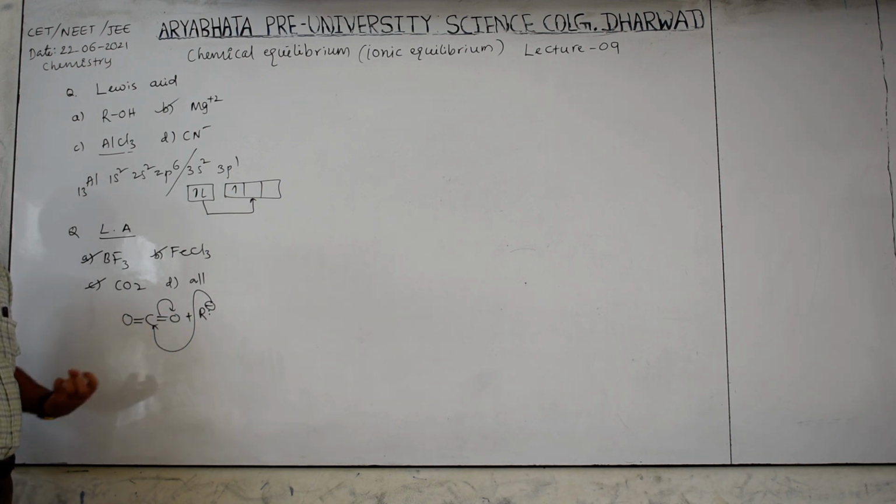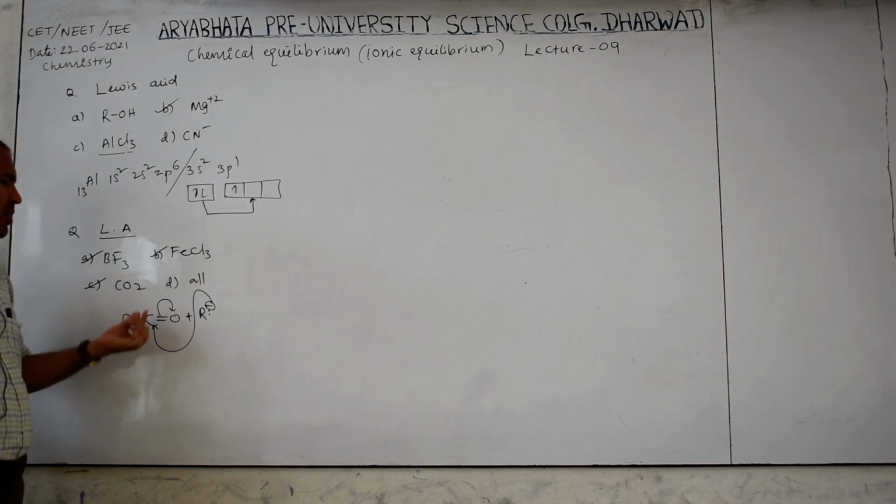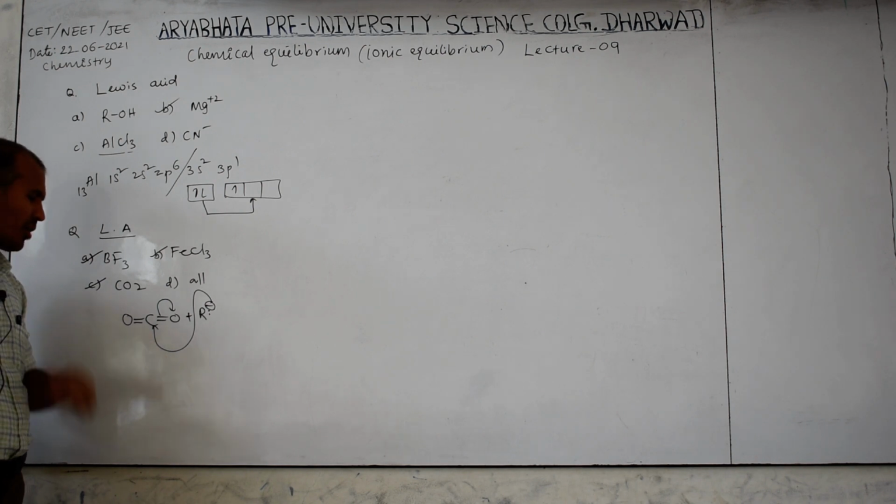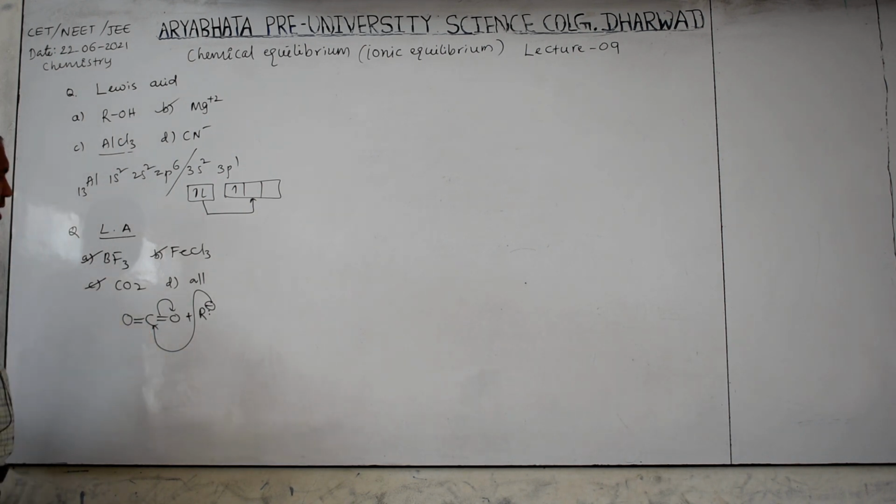Initially it does not have any positive charge or vacant orbital, but due to this shifting of the pi electron, it has a vacant orbital and converts into acidic nature.